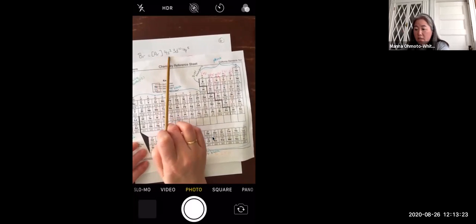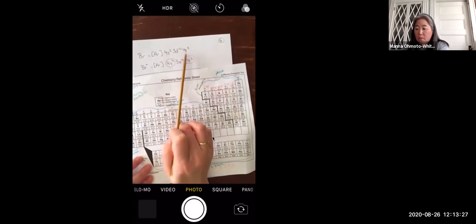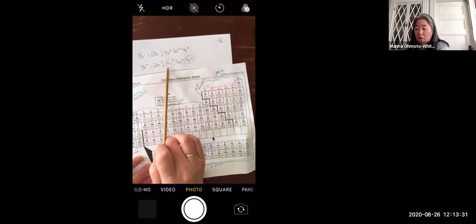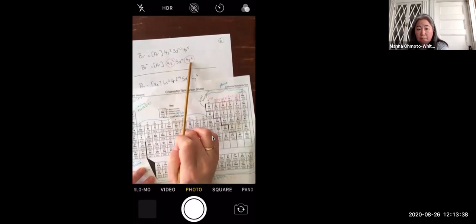So bromine is a nonmetal. Its electron configuration is argon 4s2 3d10 4p5. It will form the bromine -1 ion, which becomes argon 4s2 3d10 4p6. You can see the stable electron configuration there.